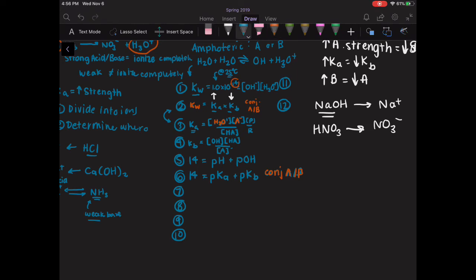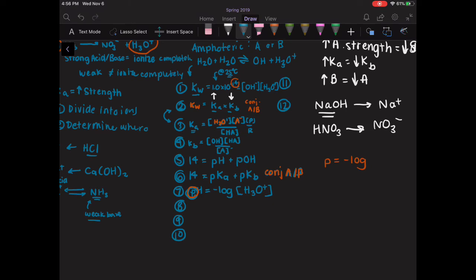But we can also define pH as the negative log of the H3O+ concentration. Whenever you see a P, just know that means negative log. It's like pKa is the negative log of Ka.